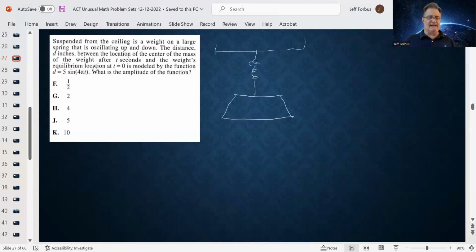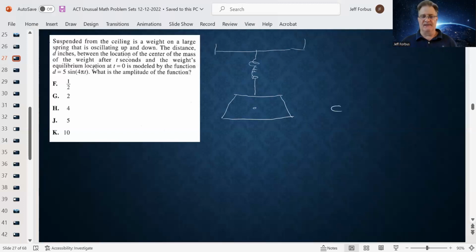The distance D between the location of the center of mass of the weight after t seconds and the weight's equilibrium location at t equals 0 is modeled by this function.